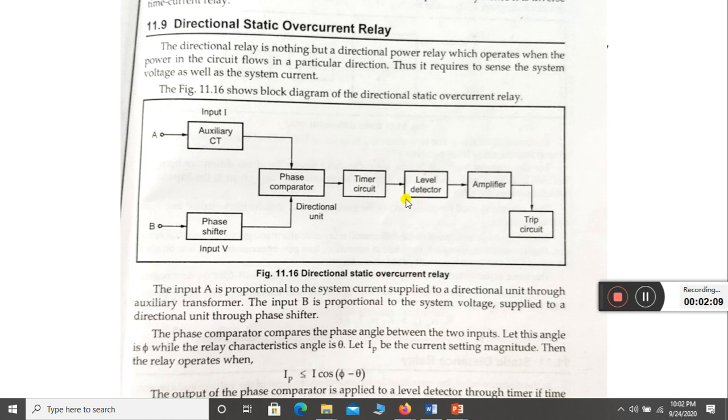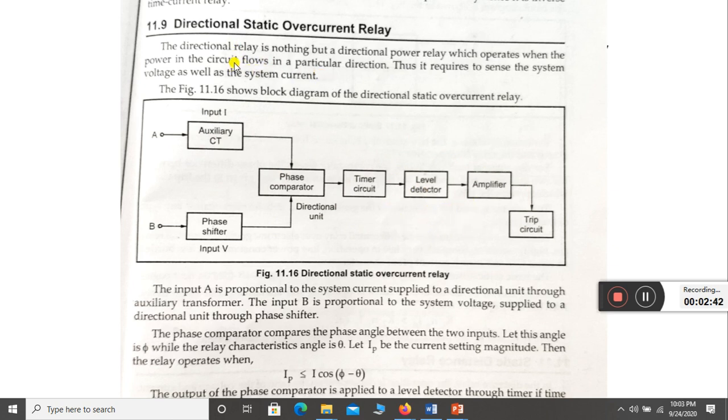If the input value reaches that level, then it will issue a command, otherwise it will restrain the command. That input quantity is given to the amplifier, where it is amplified to the required signal for giving a trip command. That's why after the amplifier there is a trip circuit. That is how the directional static overcurrent relay functions.